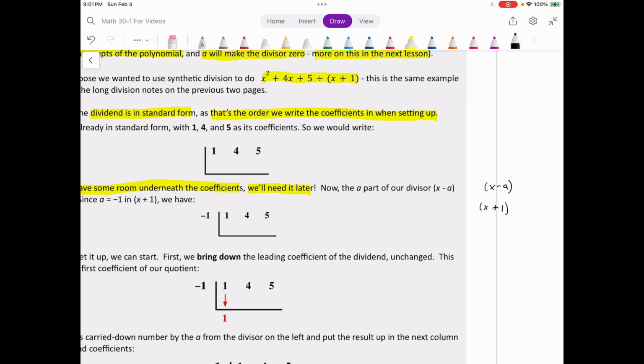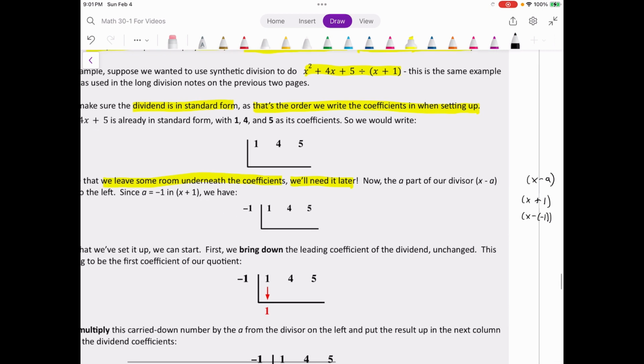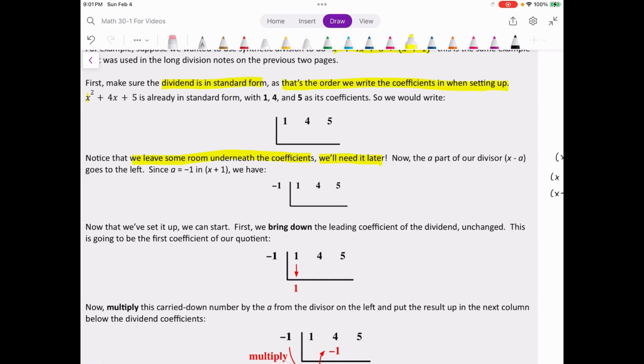Our a is negative 1, right? X minus negative 1 would be x plus 1. So the a part of our divisor is actually negative 1. And where are we going to put that? We're going to put it off to the left here for synthetic division, okay?